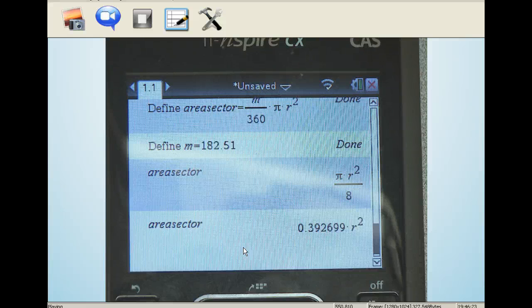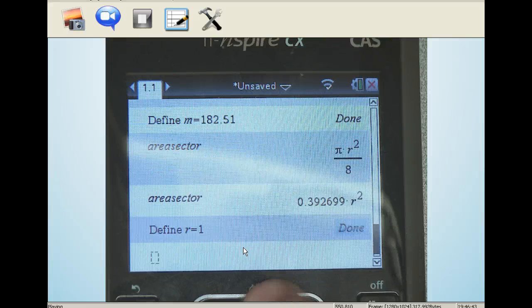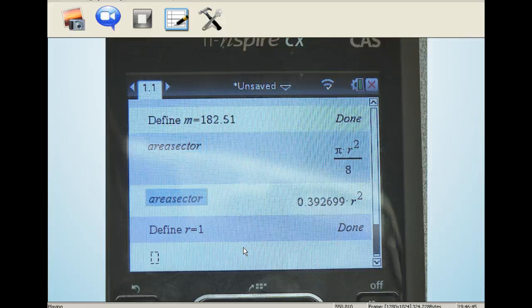Oh, we didn't define our radius, so this is times our radius squared. So r, we have to define, define r equals, what did we call it here? 1, the radius of 1. So now our area sector command, oh, that's goofy.